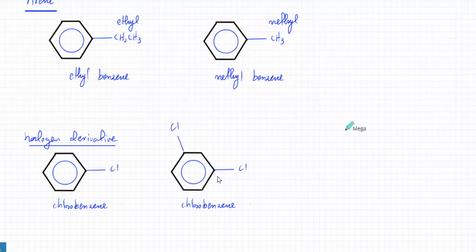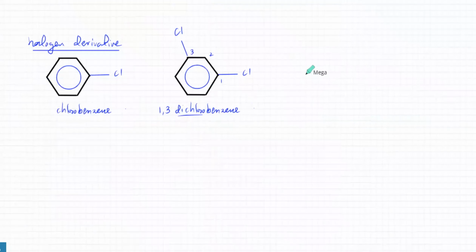If this is 1 chlorobenzene, the other one would be 1, 2, and it's on the third one. So it's 1,3-dichlorobenzene. Dichloro means that there are 2 of them. If this is 1, you take the shortest distance. This is the third one. So that's 1,3-dichlorobenzene.